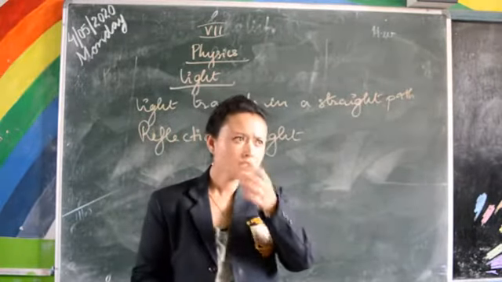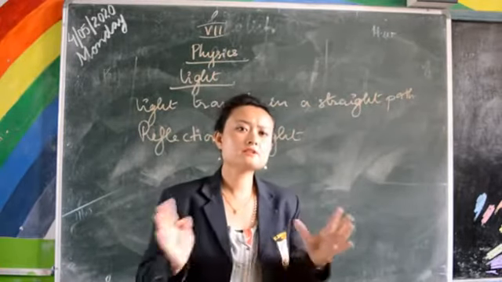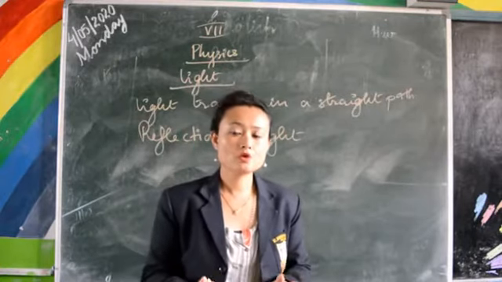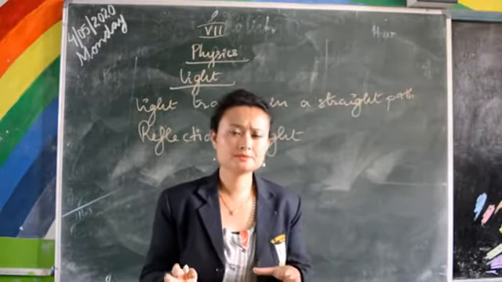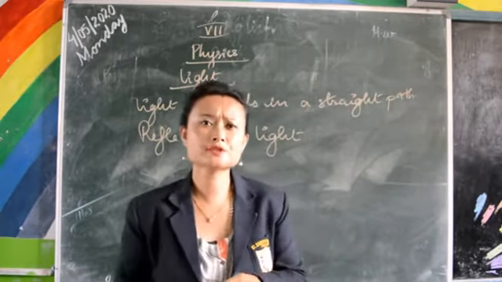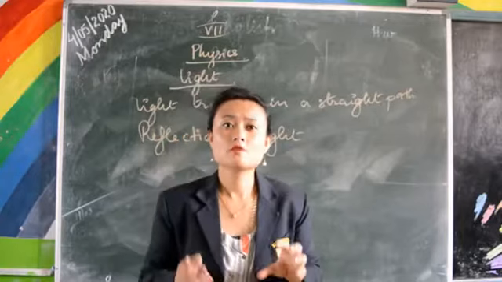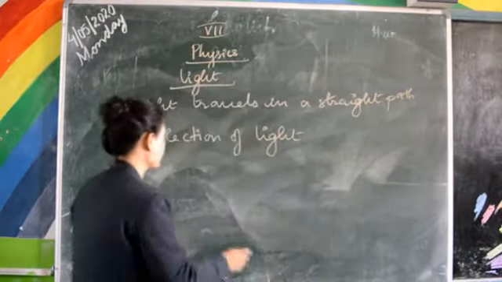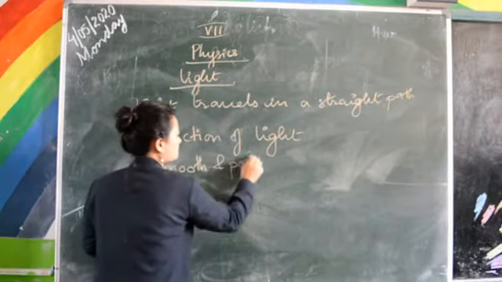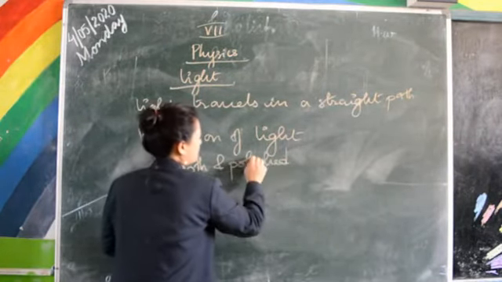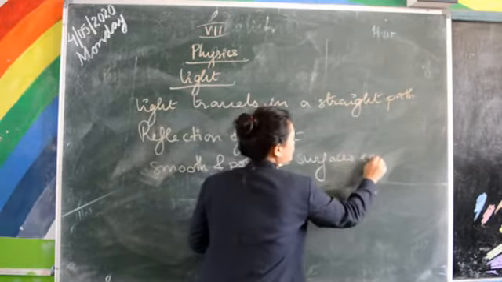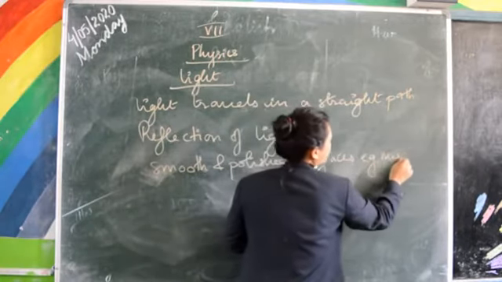Now, there are various terms related to reflection of light, and before we discuss them, let me tell you there are two kinds of surfaces on which the light falls. One is smooth and polished surfaces, and the example is a mirror.